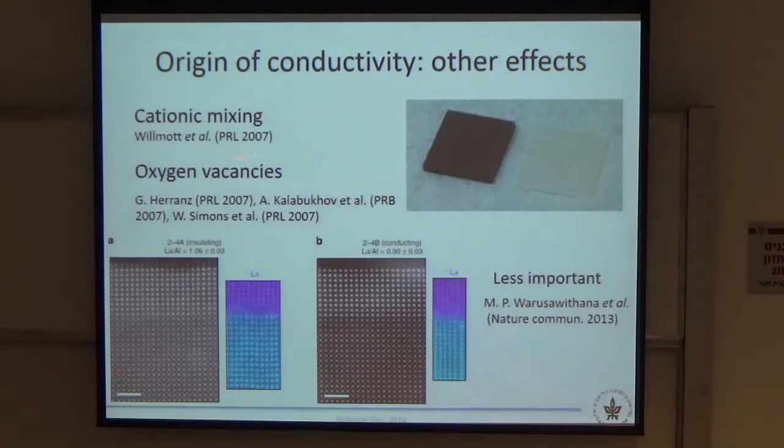Another thing that can happen is mixing between lanthanum and strontium at the interface. But this TEM study, where you see the atoms and here the elements, shows that these effects are not so important. They do exist, but they are not the main reason for conductivity.